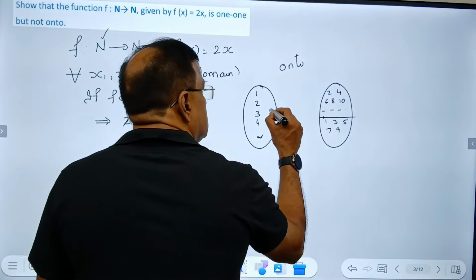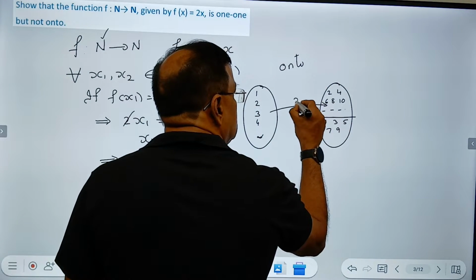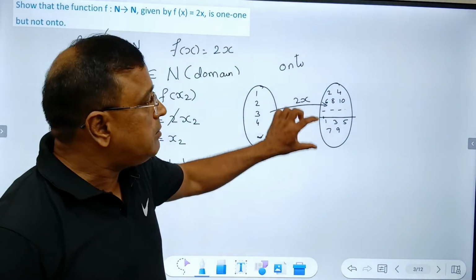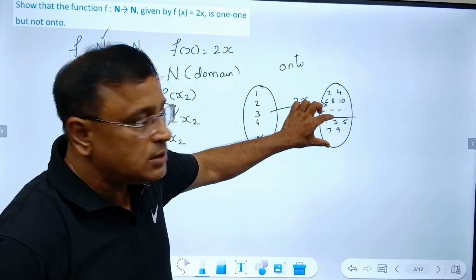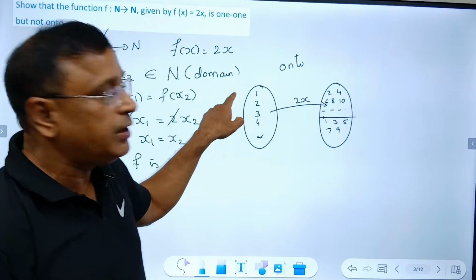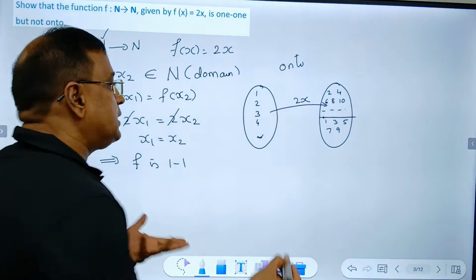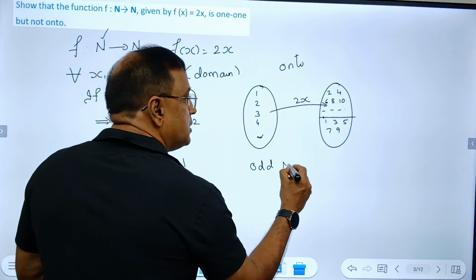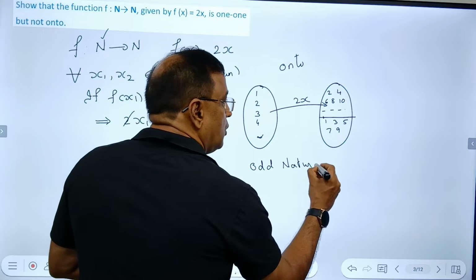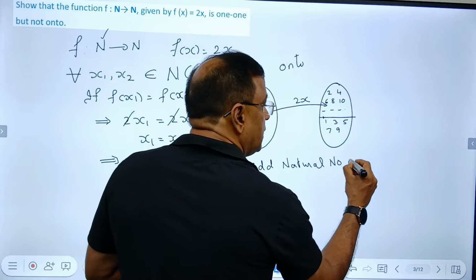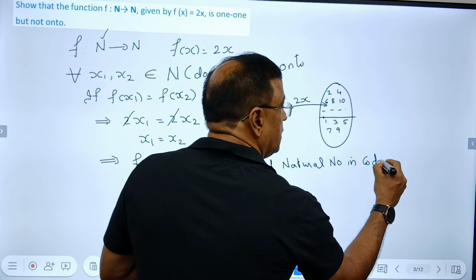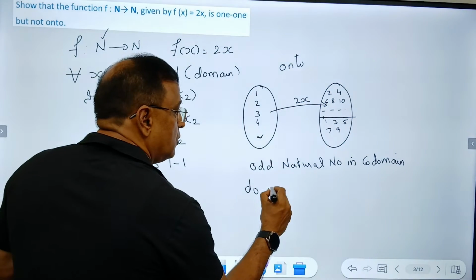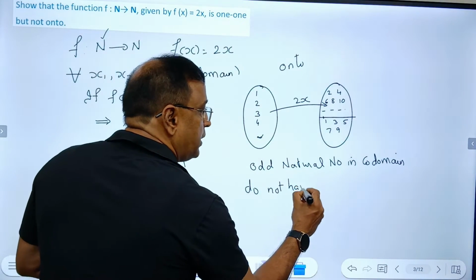Now all these numbers go to this under the function 2x. Every number here goes to 2x. That means the odd natural numbers in the codomain do not have a pre-image.